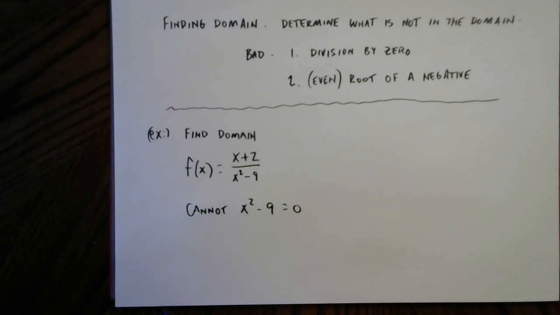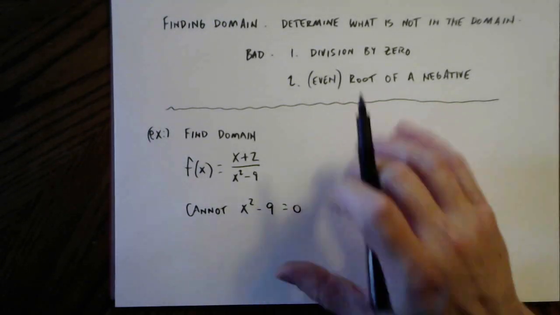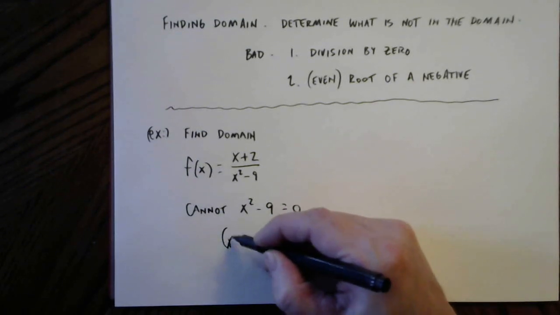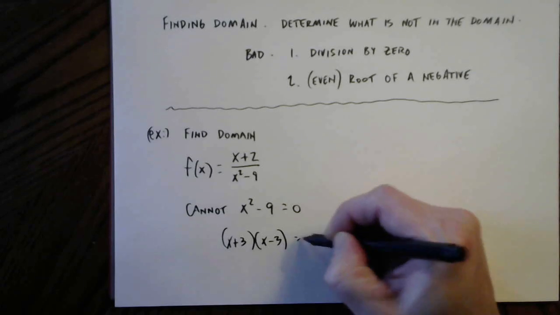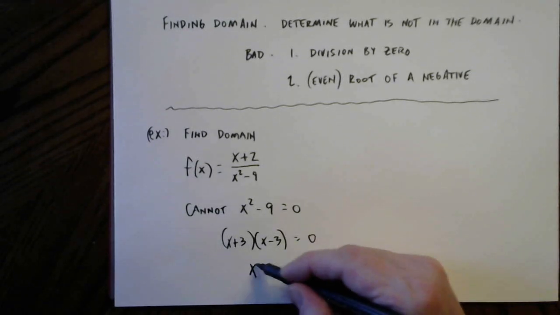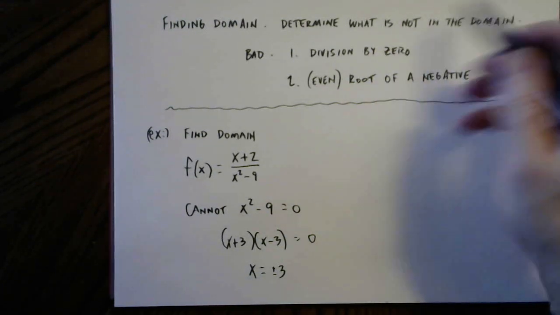Those would be the bad guys. Well, I have a little equation here, an equation set to 0. We're going to solve said equation by factoring. We factor to solve equations in calculus. I have 2 solutions, plus and minus 3. They're the bad apples. They're the cannots. They're not allowed in the party. So those are the not domain.